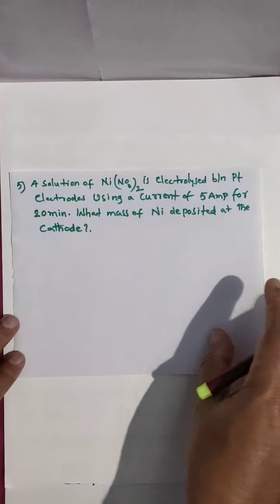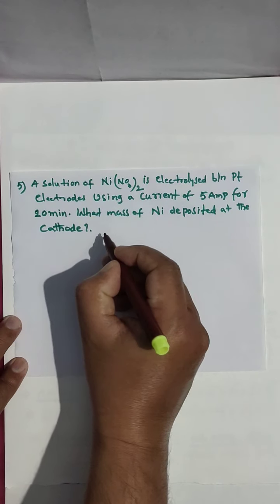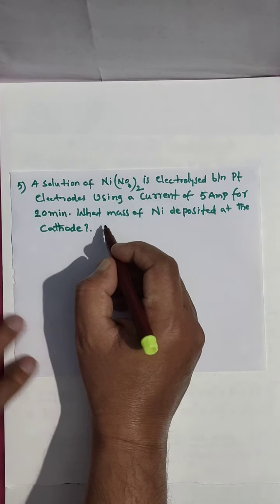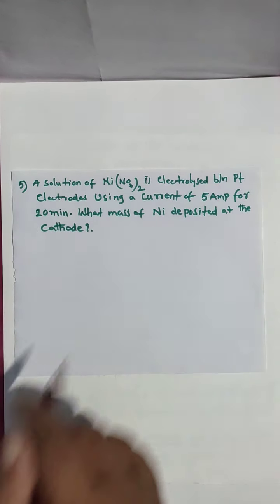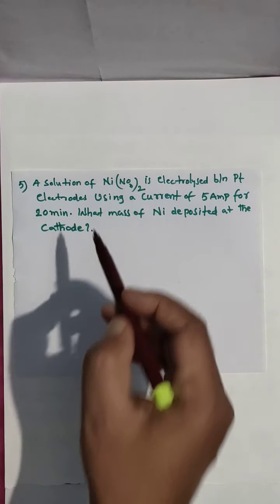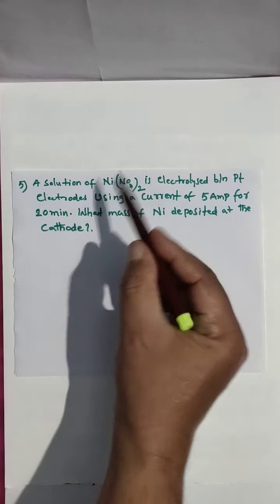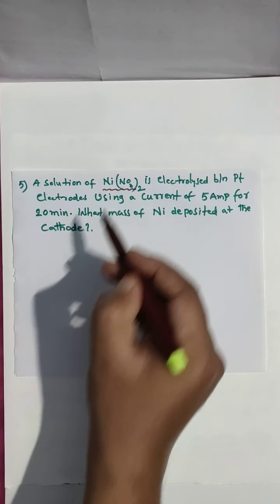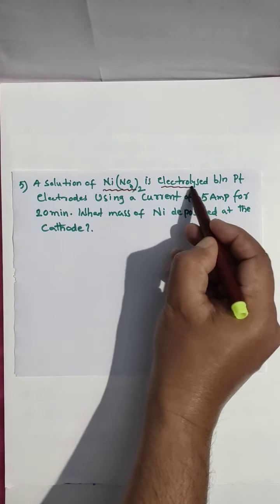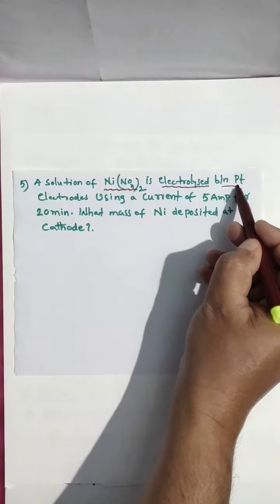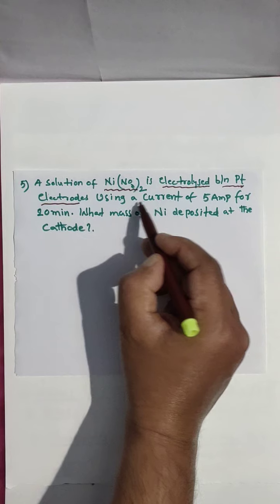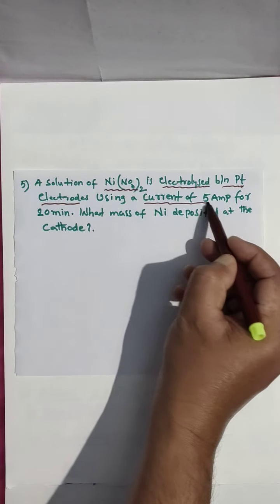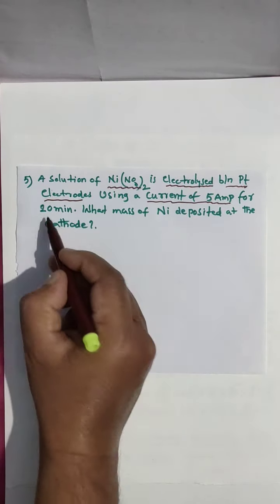Next, another model problem, and this was previously given in CET. Very important problem from our NCERT book, and you have to concentrate. A solution of nickel nitrate is electrolyzed using platinum electrodes, and a 5 ampere current is passed for 20 minutes.